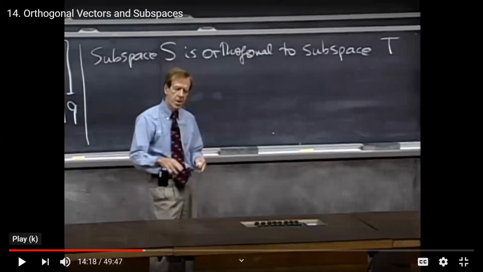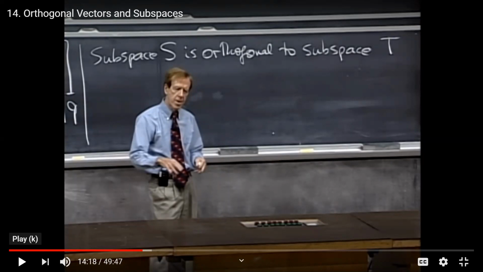Now let's extend this concept of orthogonal vectors to orthogonal subspaces. So when we say that a subspace S is orthogonal to another subspace T, keep in mind these both subspaces live in the same space. So these two subspaces belong to a space and they are subspaces, just like a subset.